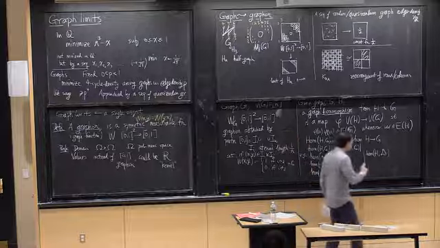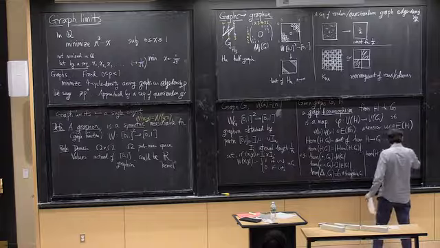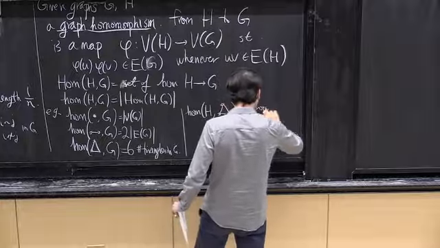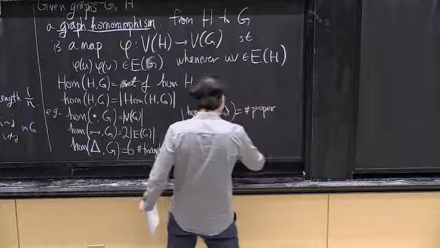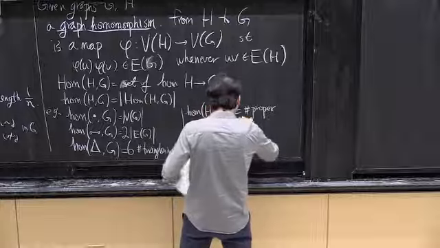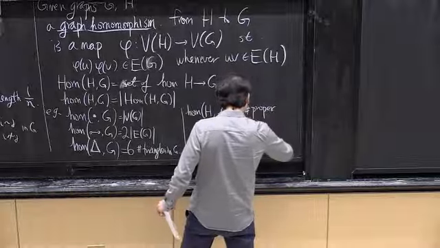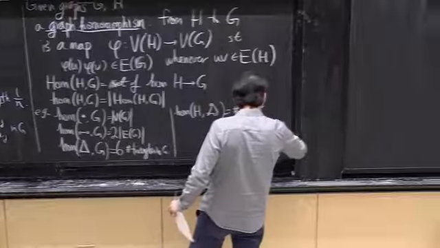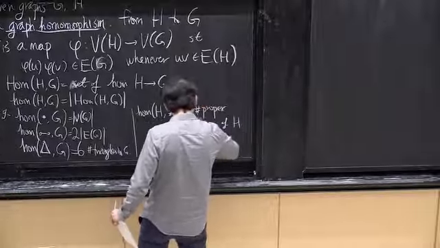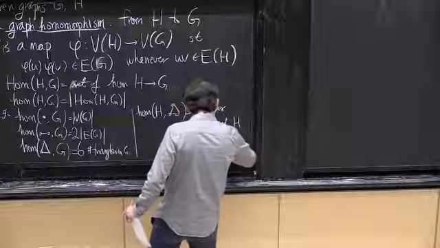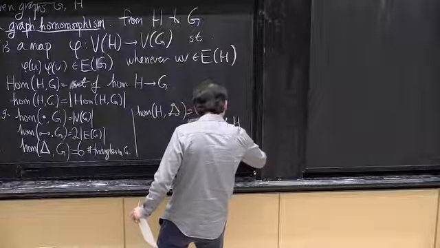It's the number of proper 3 colorings, the number of proper colorings of H with 3 labeled colors, red, green, and blue.